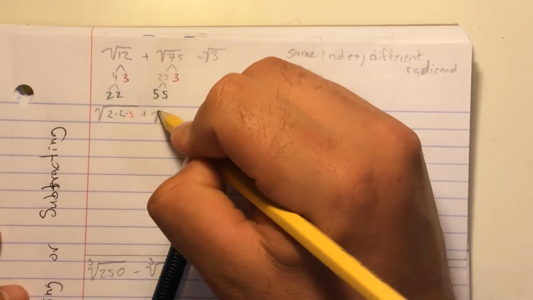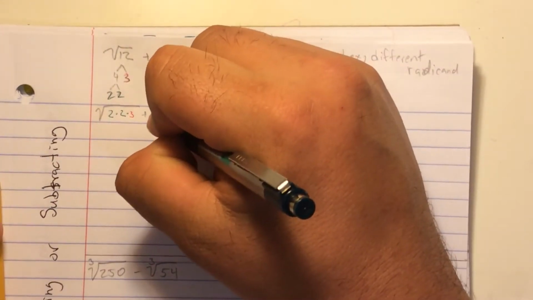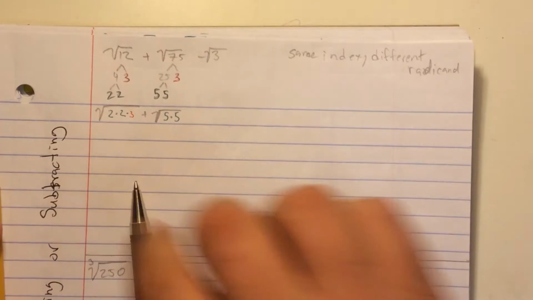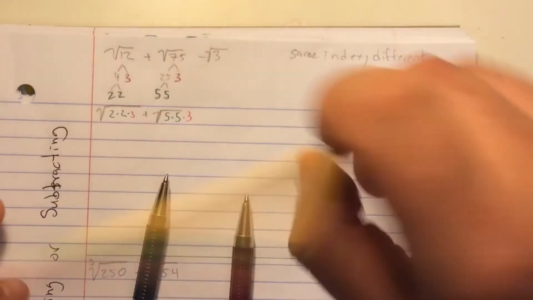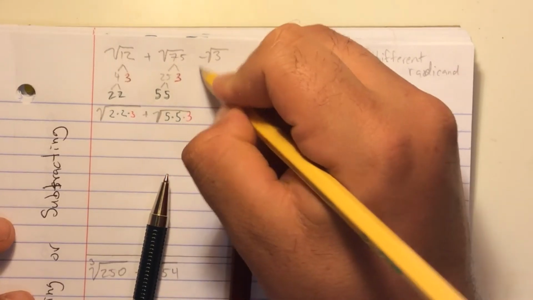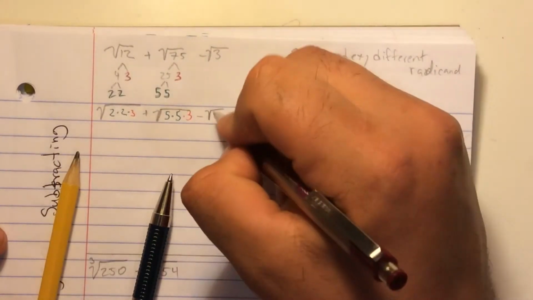The square root of 5 times 5 times 3, minus the square root of our lonely 3 by itself.